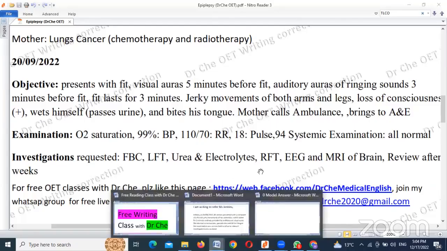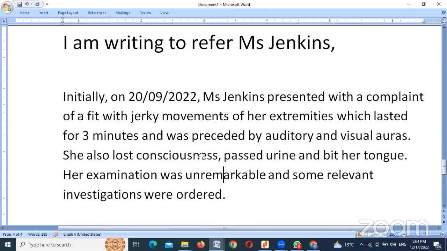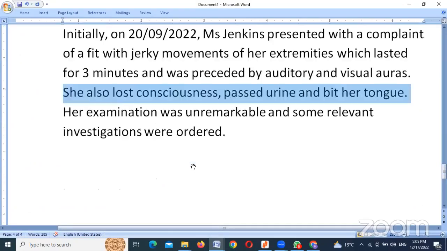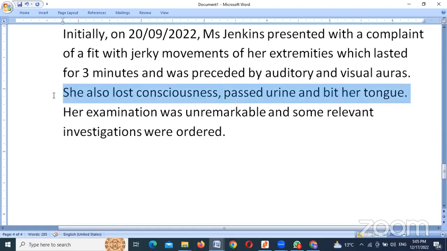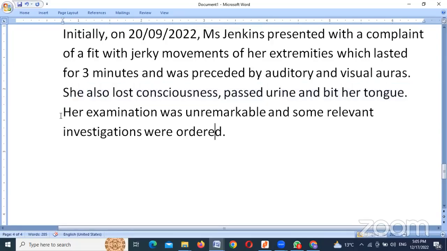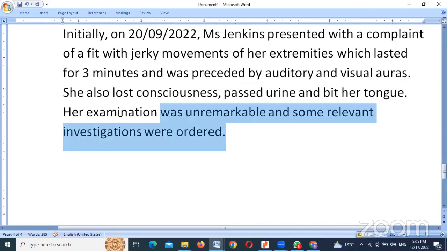So she also lost consciousness, passed urine, and bit her tongue. Okay, so I'm using past tense. Next, her examination was unremarkable and some relevant investigations were ordered.